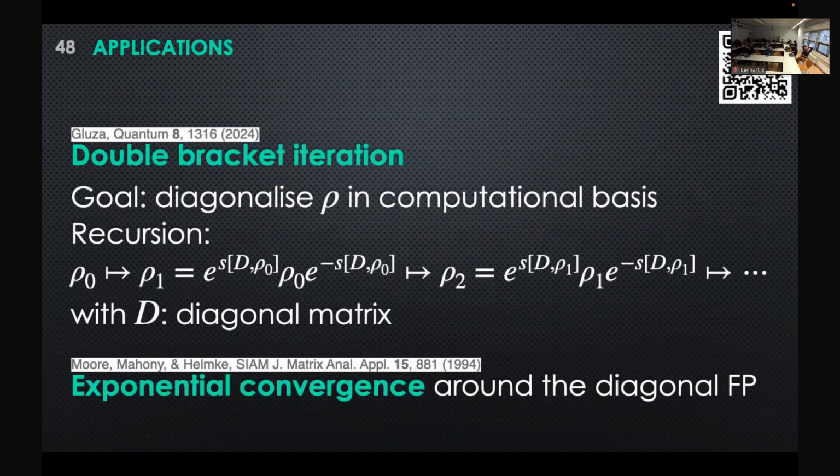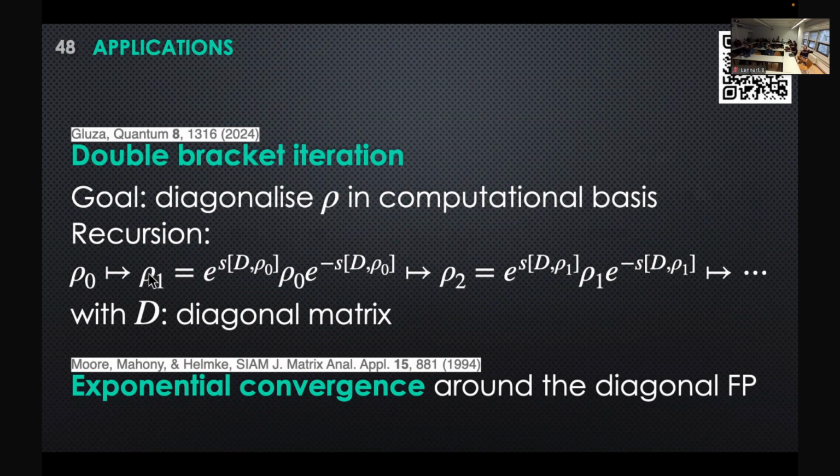Another recursion is the double bracket iteration. And the quantum version of it was first proposed by Marek in this quantum paper. The purpose of this iteration is to diagonalize your state rho into any preferred basis of yours, for example, the computational basis.